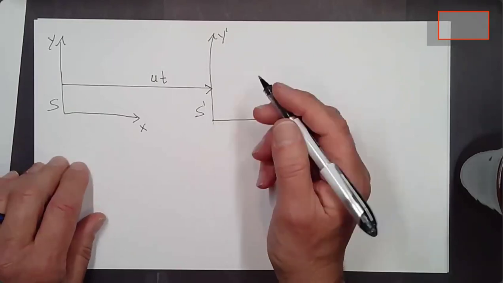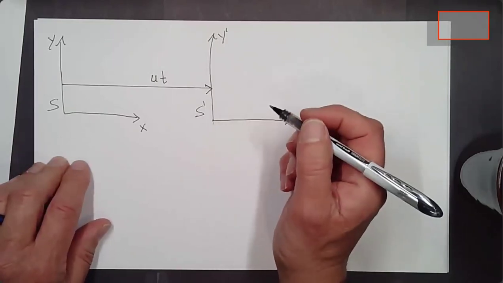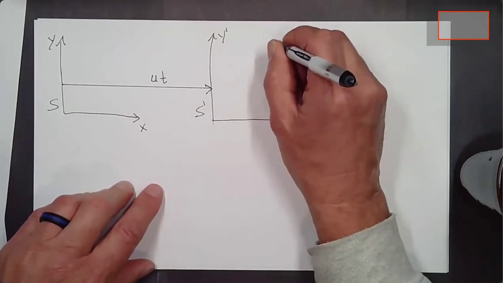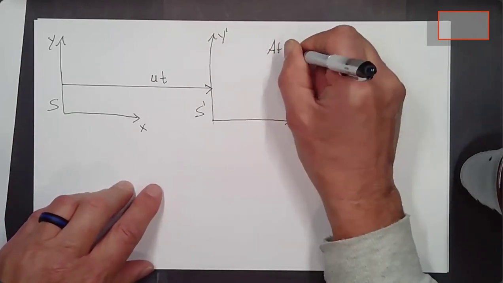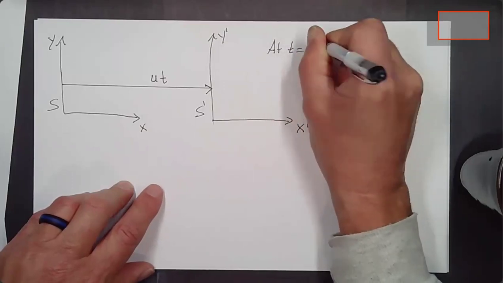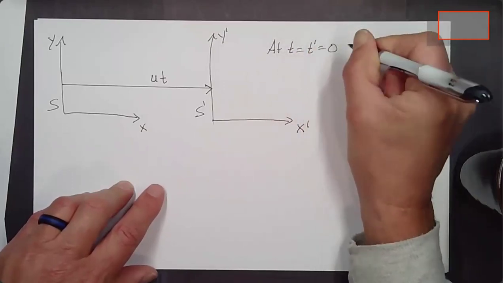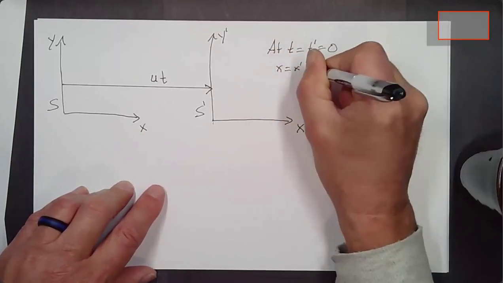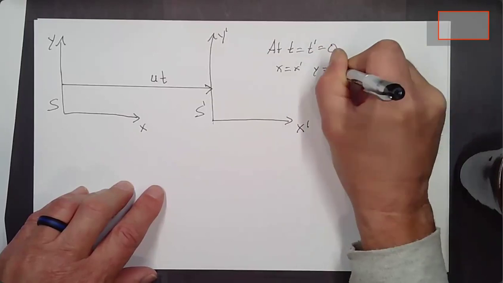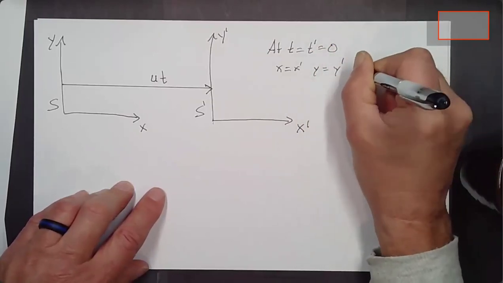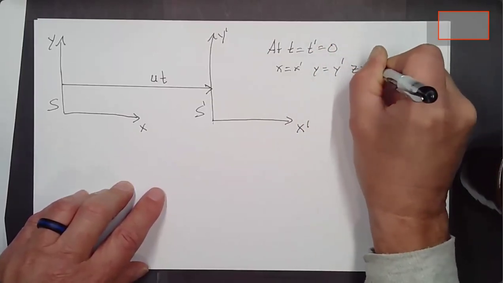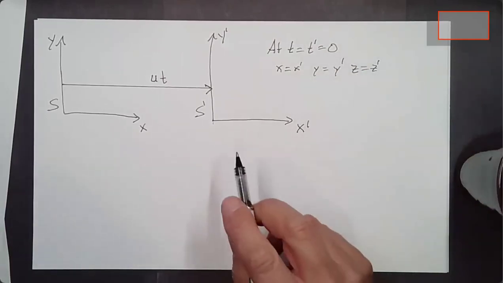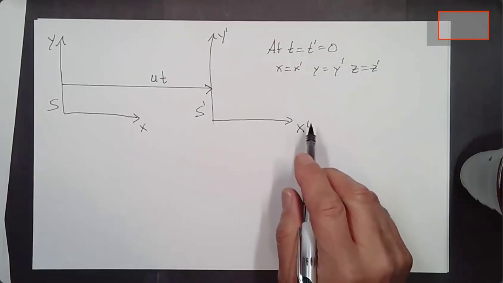And if we consider the Galilean transformations, one thing we'll say is that at t equals t prime equals 0, we would have that x equals x prime, y equals y prime, and z equals z prime. Can't see the z coordinate system, but that's okay. So what happens at later times?